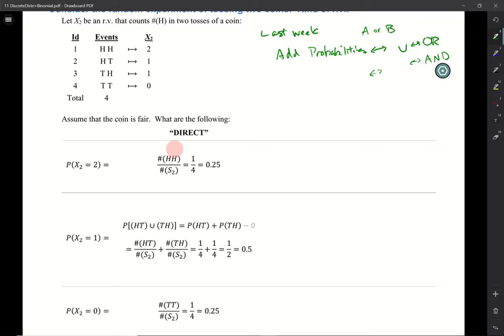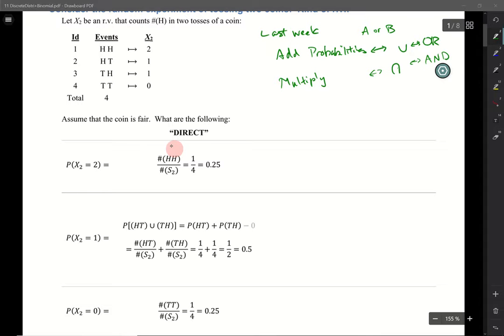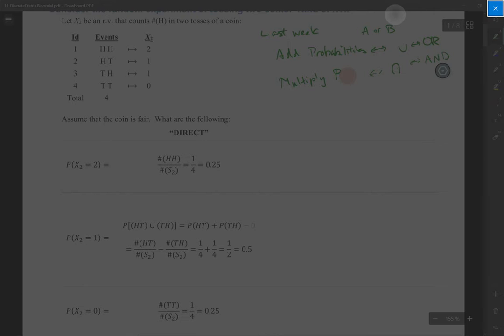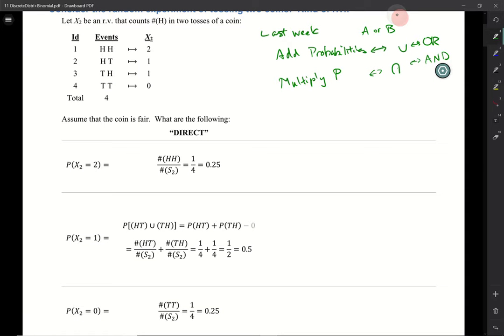Not adding, but multiplying. And then instead of the union, it really is the intersection. Okay, multiply probability.